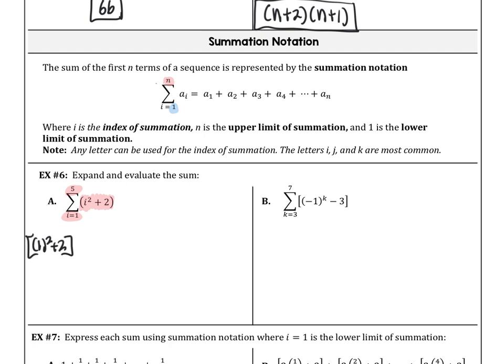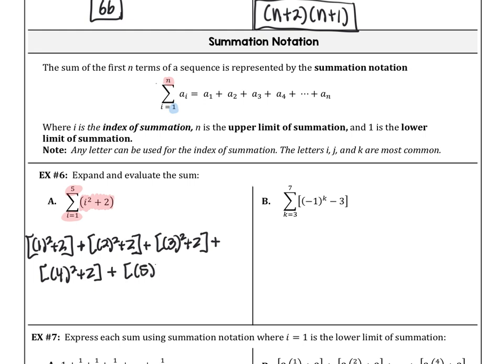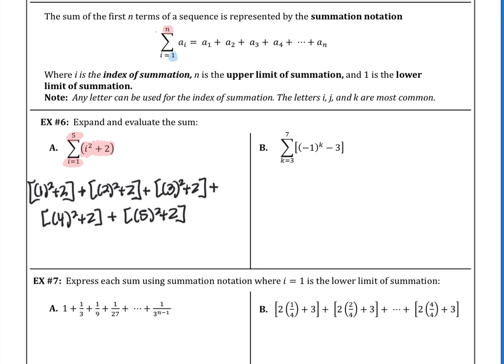That's my first term. Plus, then I plug in the 2, so 2 squared plus 2. Then I'll plug in the 3, 3 squared plus 2. Then I'll plug in the 4, and I'm running out of room, so I'm going to start on this one, so that's 4 squared plus 2. Then I'll plug in the 5th term, so it's 5 squared plus 2. And then I'm done.